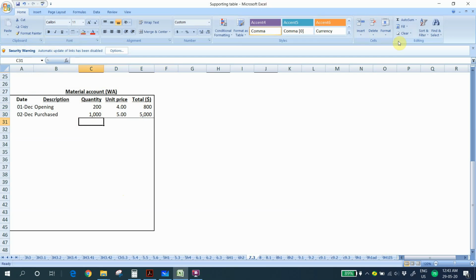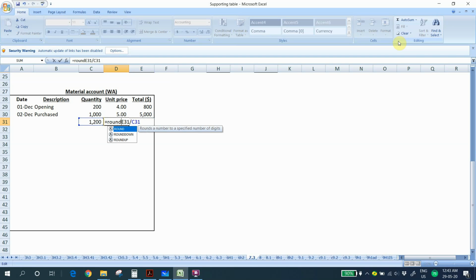First, you get all the quantity up to that point, which is 1200, and you get the value of the total stock, which is 5800. Next, you use 5800 divided by 1200. It means that you use the total value divided by the total quantity in order to get the weighted average price.